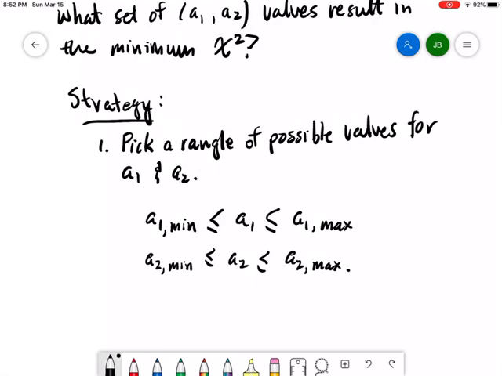So already that's different than the linear fit case, because in the linear fit case, we never had to say anything about what the possibilities for our fit parameters were. We just extracted values based on the measured data and the model.